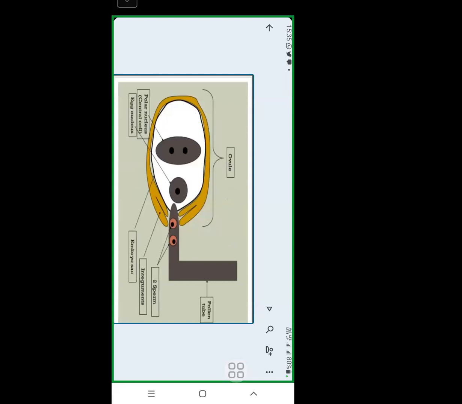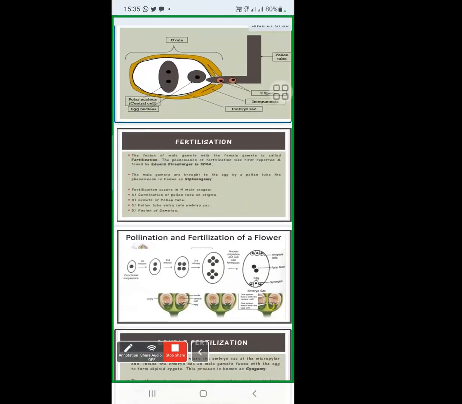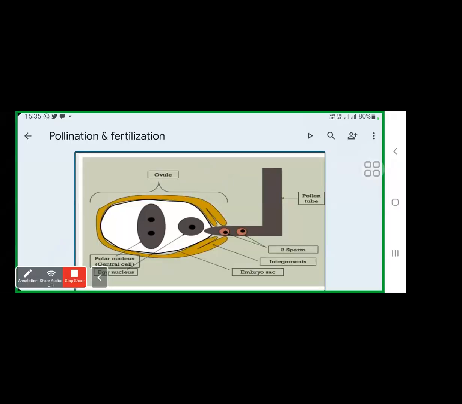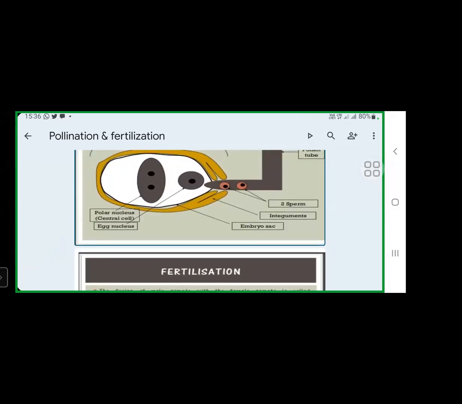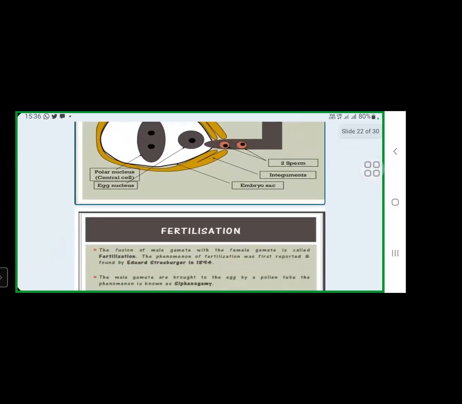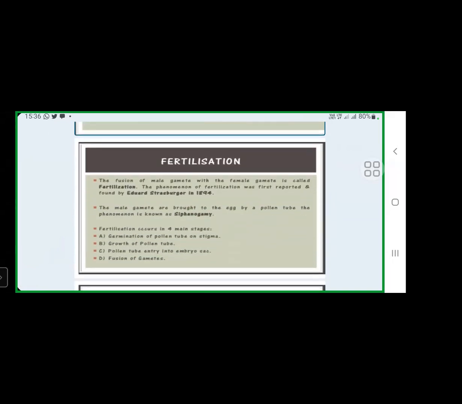So this is fertilization. You can observe 2 sperms are there. The fusion of the male gamete with the female gamete is called fertilization. The phenomenon of fertilization was first reported by Edward Strasburger in 1894.